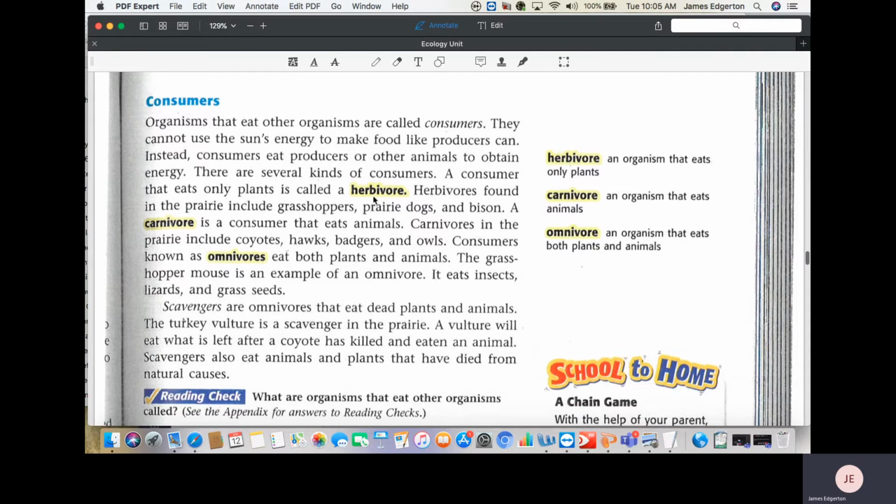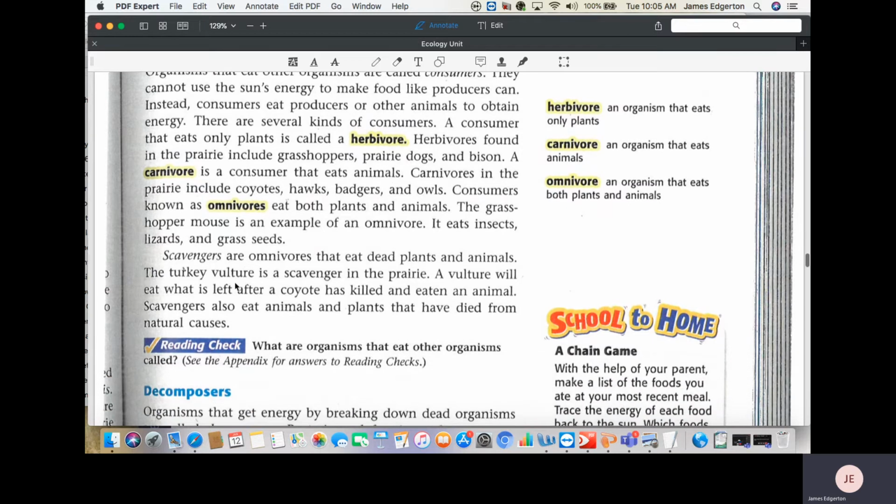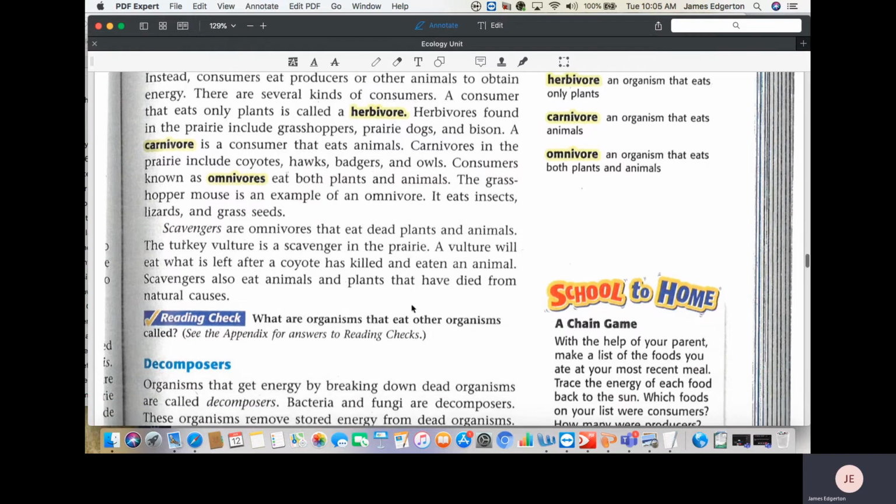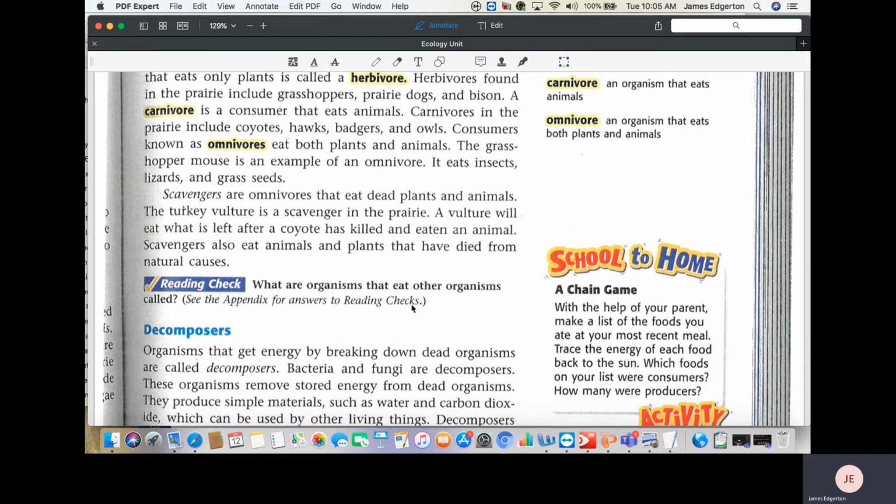Here are the different types of consumers. Herbivores just eat the producers, the plants. Carnivores only eat the lower level consumers, so they only eat meat. Omnivores will eat both. We are omnivores; we eat both plants and animals. Then you have scavengers, which will go after anything they can eat, both plants and animals.